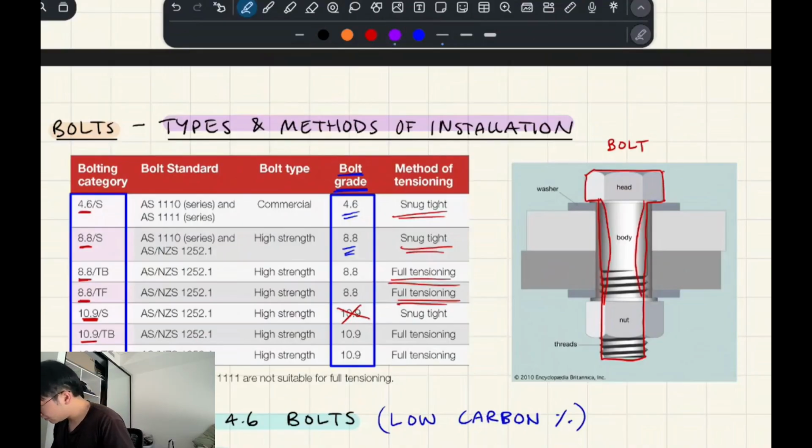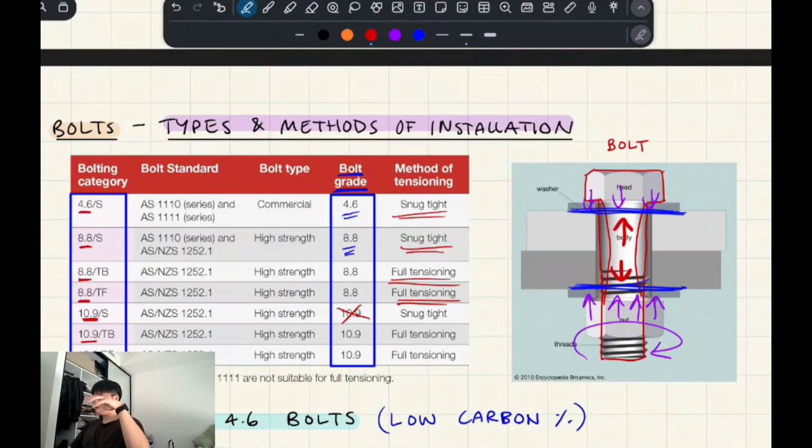So the idea is if you apply enough torque, the head and the nut of the bolt compress into the material of your plates, and it essentially tensions this bolt, right, like that. And then for fully tensioning, you need to use that machine that basically torques this enough.